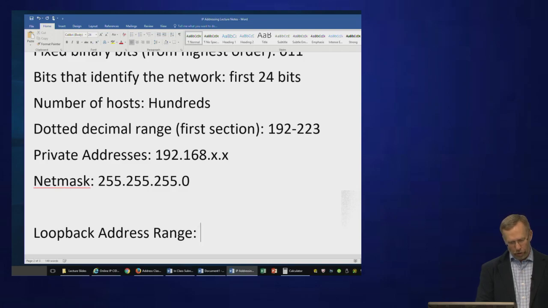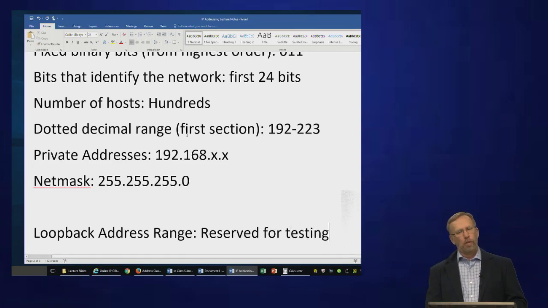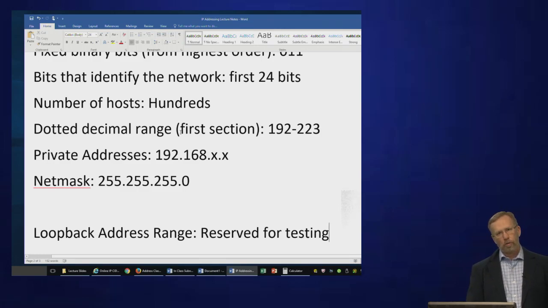It's essentially reserved for testing. If you open a web browser and put in the IP address 127.0.0.1, that refers to your system.